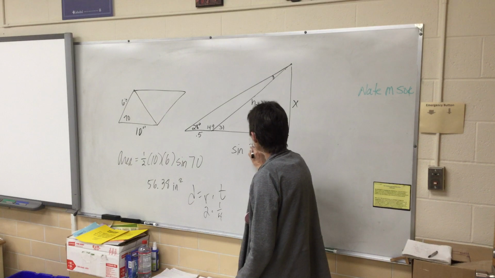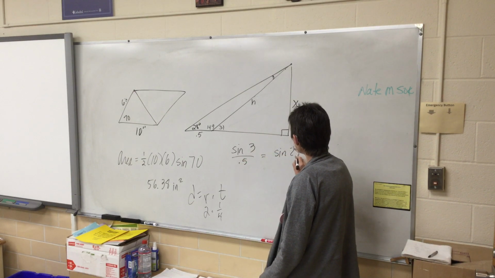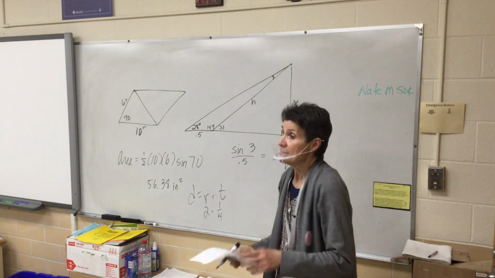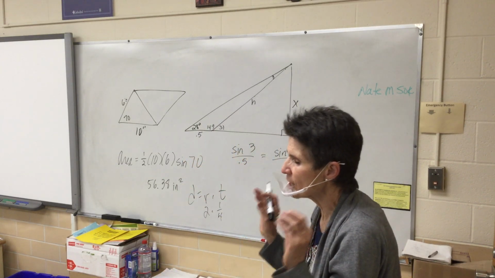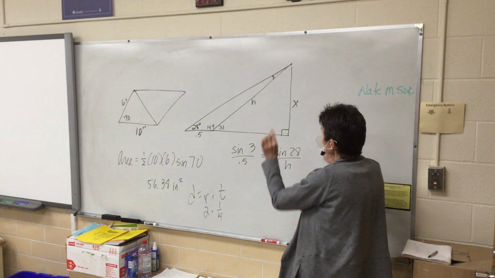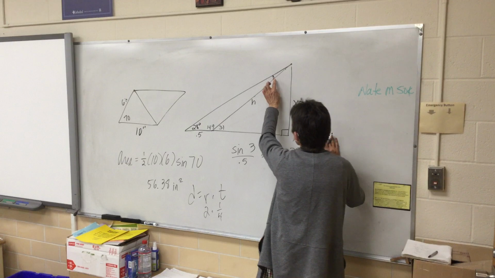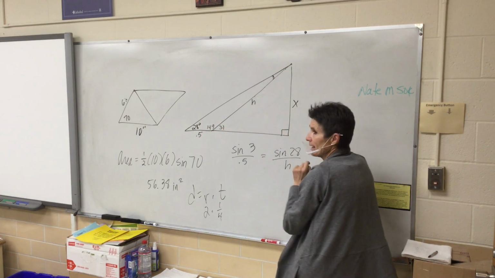So sine 3 over 0.5 equals sine 28 over H. Now, I'm sure you all know this already, but just to make sure, please don't say something like sine 3 over 0.5 equals sine 31 over x.